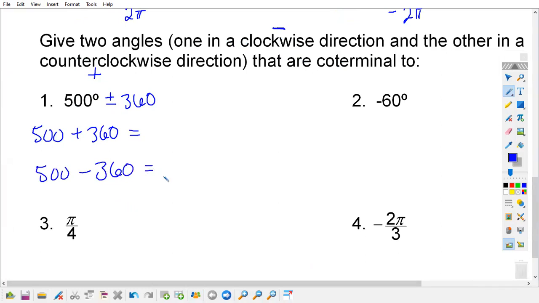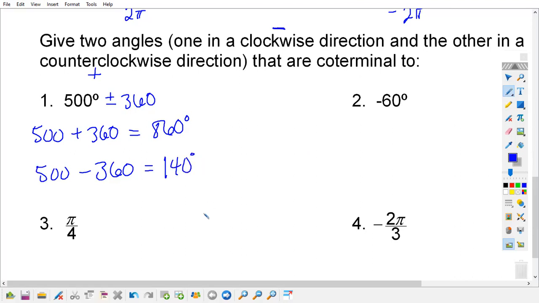What do we get? 220 and 860. We have 860 degrees and 140. I got that, and then I did it backwards to add a step.